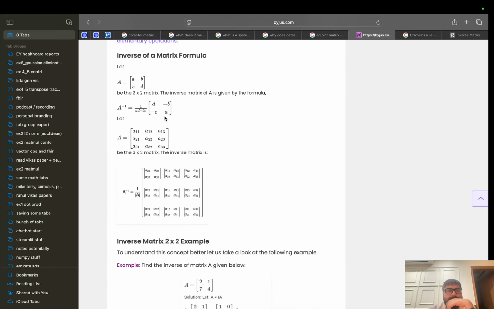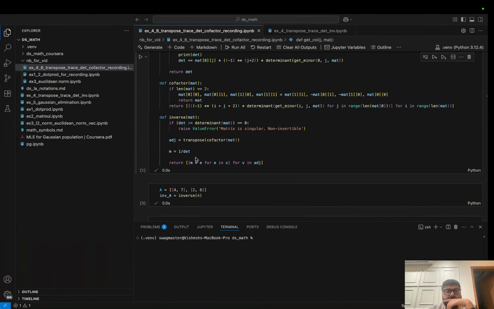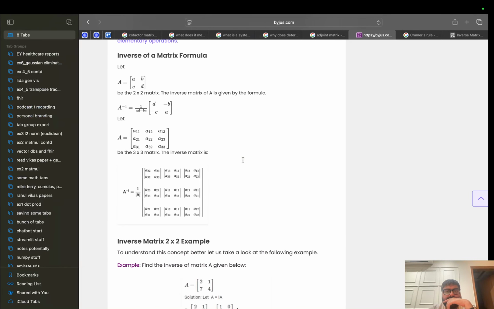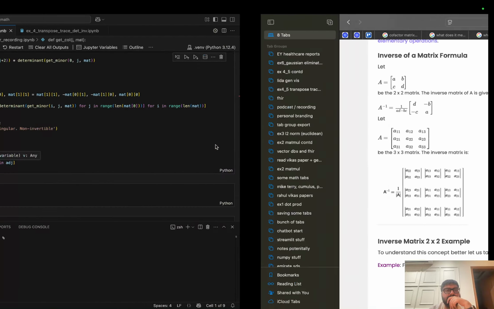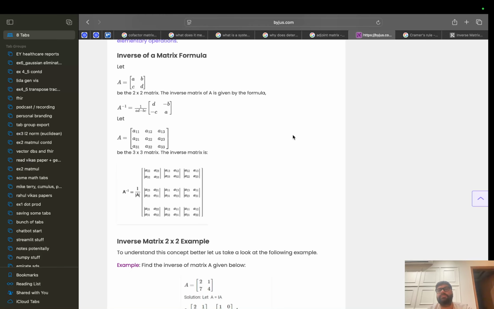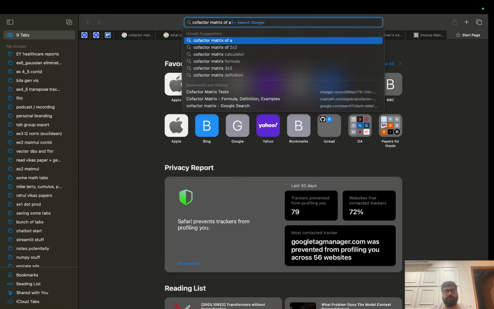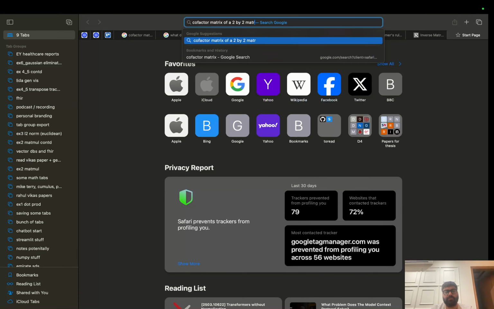Huh. 1 over the determinant, AD minus BC, times D, negative B, negative C, A. I think I've been putting into the cofactor matrix what the adjoint is. Cofactor matrix of a 2 by 2 matrix. Is that the mistake?